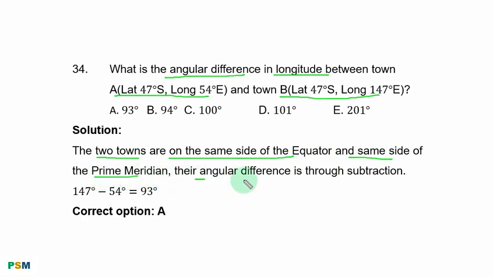Their angular difference is through subtraction. That is 147 degrees minus 54 degrees equal to 93 degrees. The correct option is A.